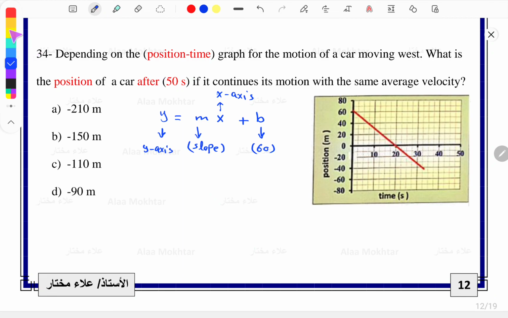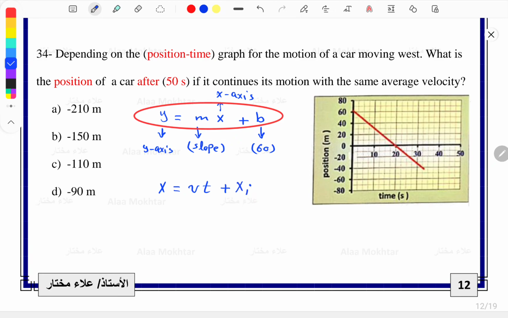This equation we can translate into physics. We can write it in physics as: y is the position, x is time t, the slope is velocity v, multiplied by t, plus the initial position.